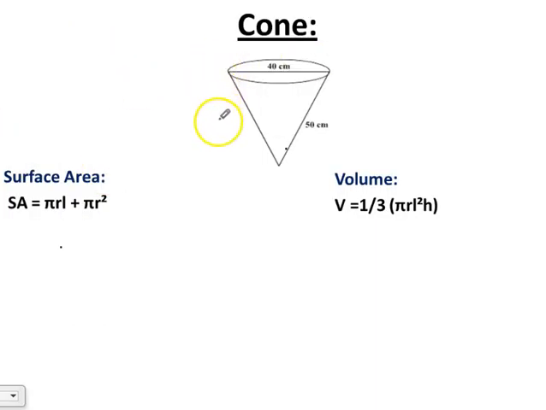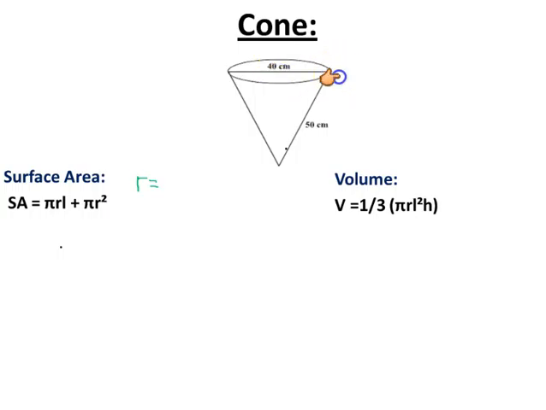All right, I've got a cone here with some dimensions, and we're going to find the surface area and the volume. Let's start with surface area. We need the radius to do the surface area, so what is the radius of our cone? Remember, the radius deals with circles, and it's the distance from the center out to the edge of the circle.